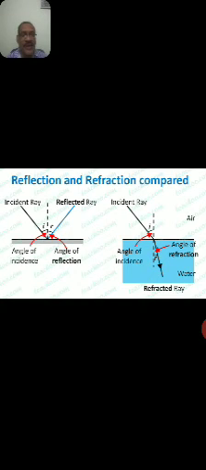The incident light ray makes an angle I with the normal, traveling from air and passing through the water. After passing through the water, the angle between the vertical dotted line and the refracted light ray, shown in the blue region, is called the angle of refraction. So these are the reflection and refraction properties of light.